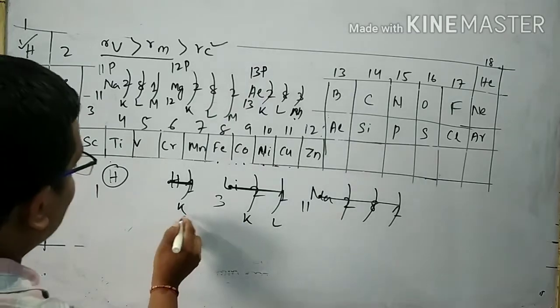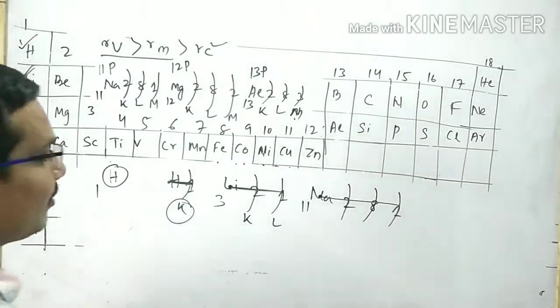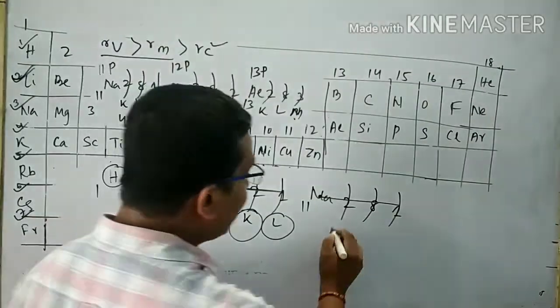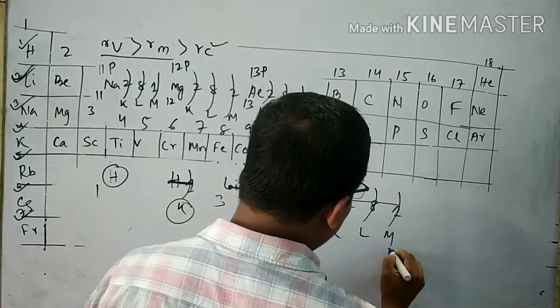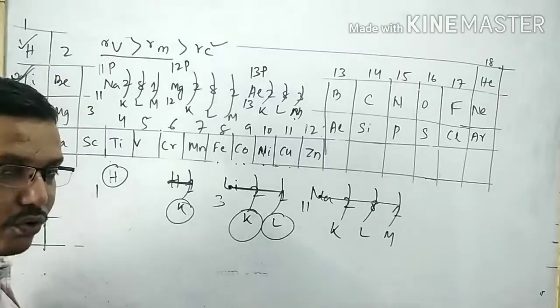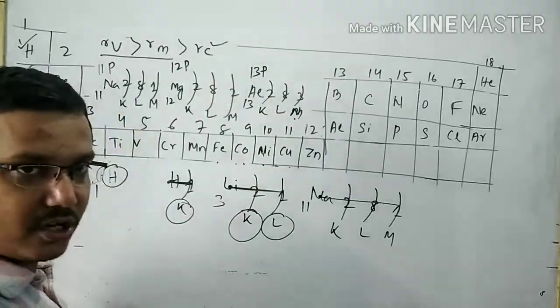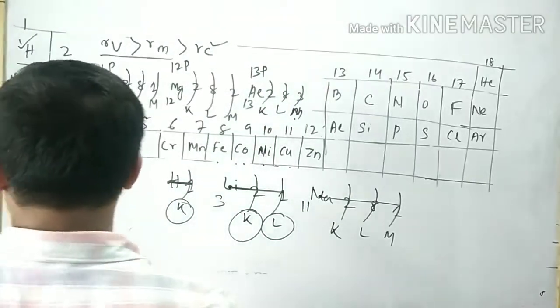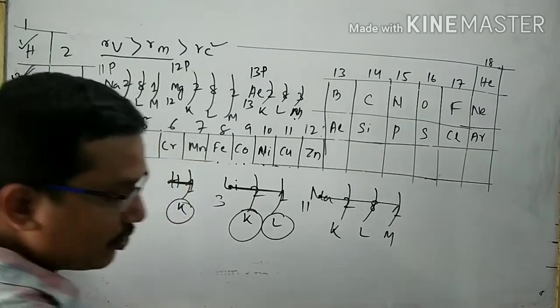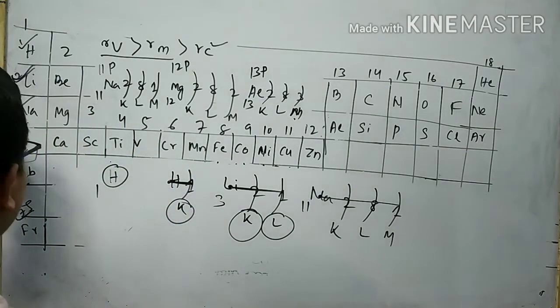In hydrogen there is only one cell. In lithium there are two cells, one is your K cell, another is your L cell. But in sodium there are three cells present, K, L, M. As a result, the distance goes on increasing because the valence shell goes farther from the nucleus. Similarly, if you think about potassium, another new cell will be added, that is your fourth cell.